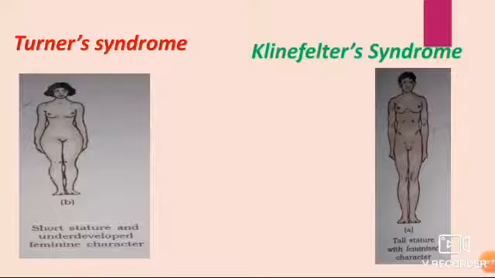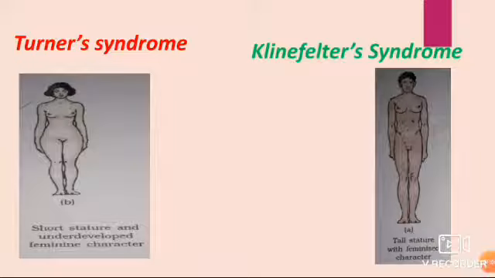As the name suggests itself, these disorders are related to chromosomes, and generally in humans 23 pairs of chromosomes are present. So either the chromosome is present in less number or more in number, it will cause some disease or disorders.